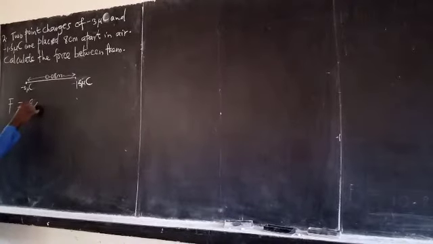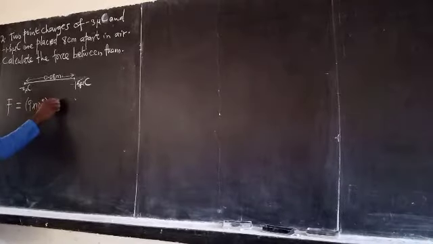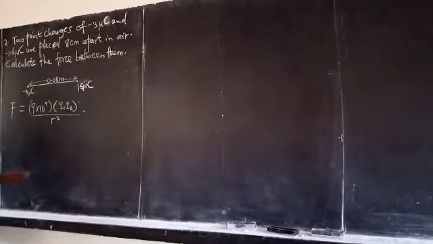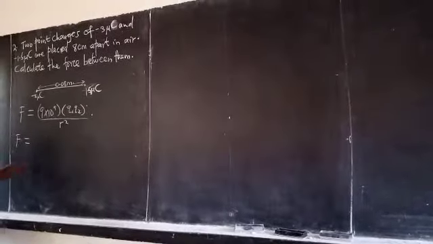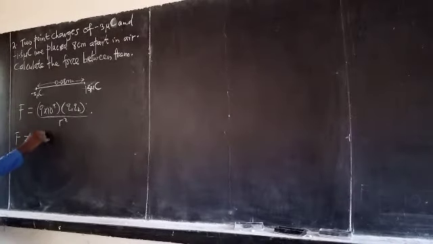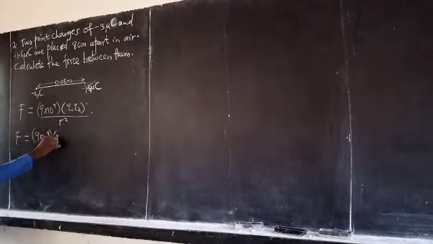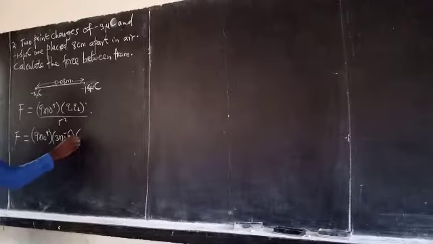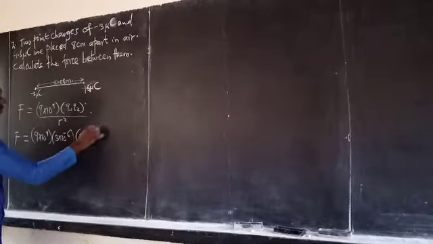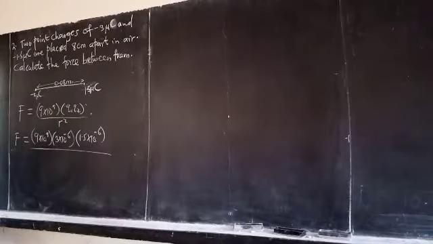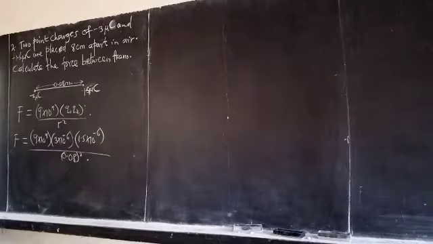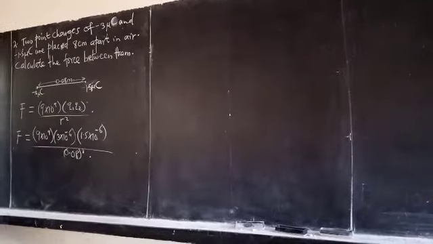So what's the force? We said that force equals 9 exponent 9 Q1 Q2 out of the separation squared. Therefore, our force will be 9 exponent 9, then 3 exponent -6, we already know that, then 1.5 exponent -6. Then the separation is 0.08 squared. When we reach here, the rest is the calculator work.